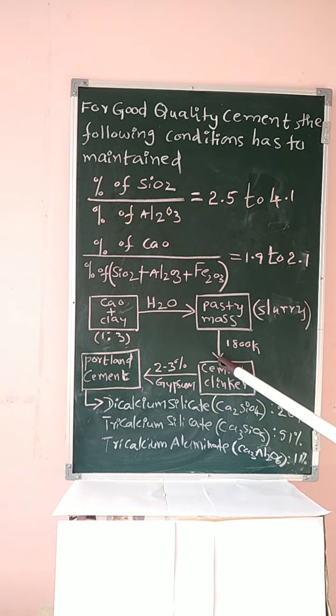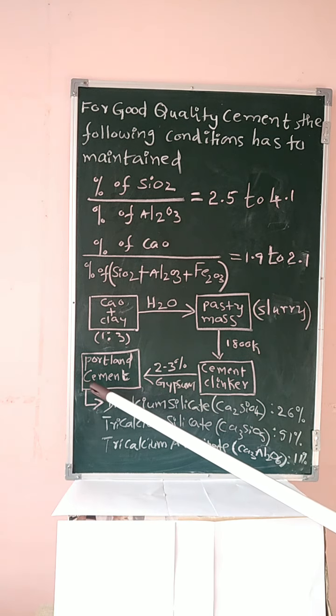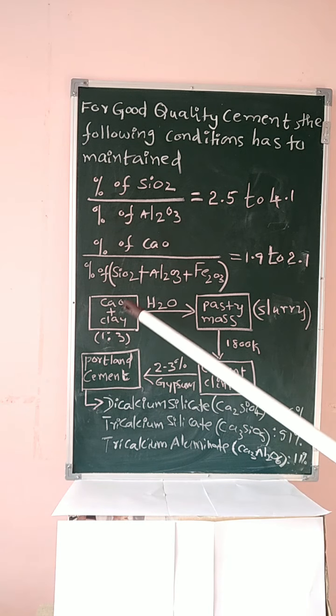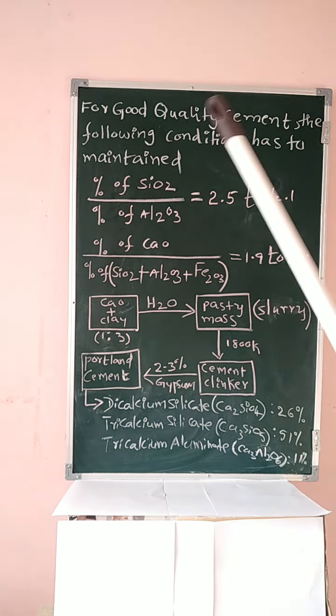When the slurry is heated at a temperature of 1800 Kelvin, it forms cement clinker. To this cement clinker, add 2 to 3% of gypsum to form Portland cement. Here there are 3 steps: raw material to pasty mass to cement clinker to Portland cement.